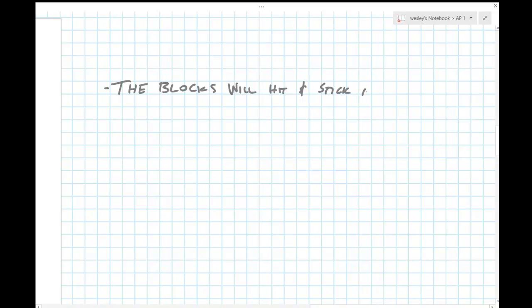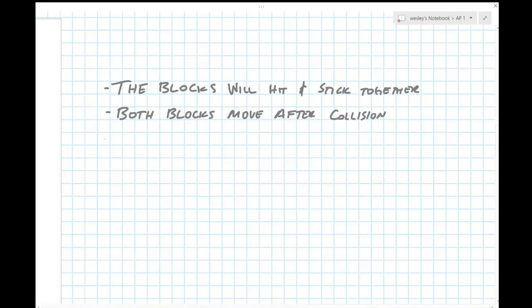That's in the problem. The next thing that's going to happen is that both blocks move after the collision. So the blocks hit and stick together and move after the collision.